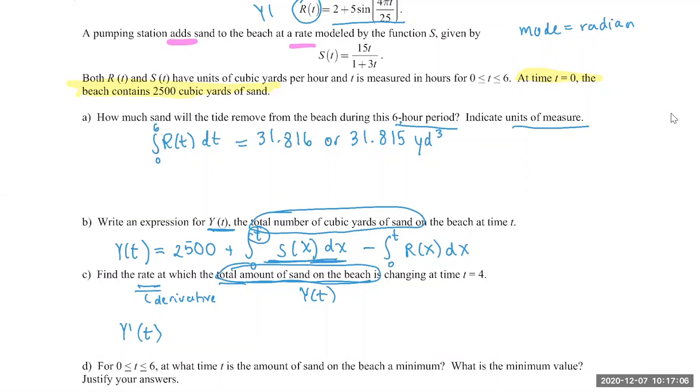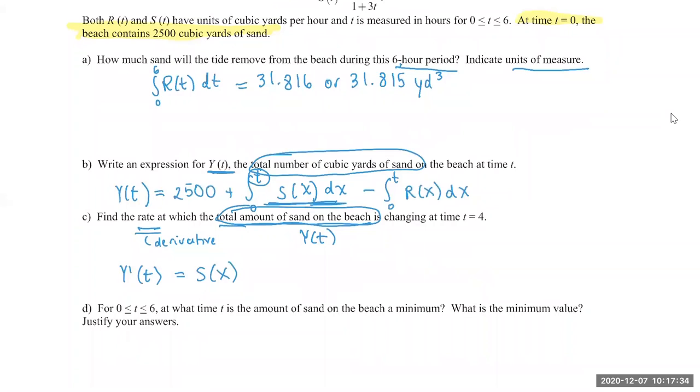FTC part 2. So if I'm integrating something, then taking the derivative, I'm reverting back to the original. So if I take the derivative of an integral, where the lower limit is a constant and the upper limit is a variable, all I have to do is plug the variable into your independent variable inside your integrand. So this is going to end up being s of x, and the derivative of t is just 1, so we don't have to worry about the chain rule part of it.